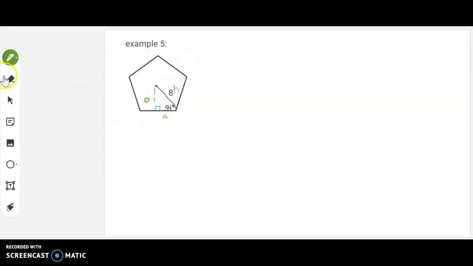So now I need to use trig, and I want to find the apothem. So the apothem is opposite over hypotenuse. And if you'll remember, we have SOHCAHTOA. So we have sine is opposite over hypotenuse, cosine is adjacent over hypotenuse, tangent is opposite over adjacent.